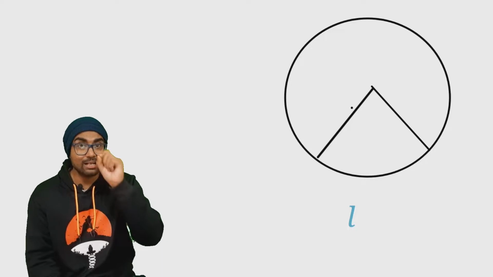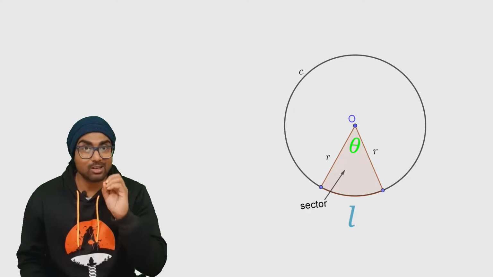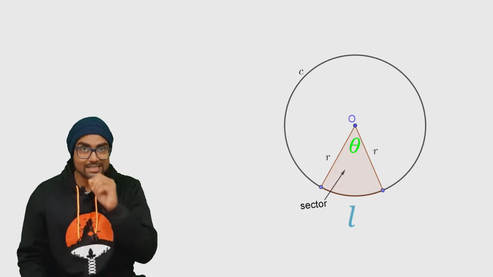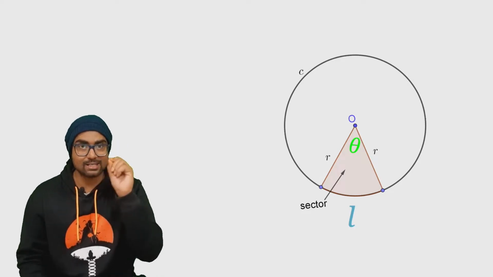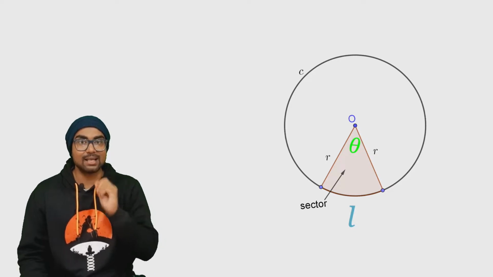That arc length is known as L, and in covering that distance it has also intercepted some angle at the center. So the angle between those two radii is known as theta. So we have got these three variables, theta, L and R. In that circle the radius is r, the central angle is theta and the arc length is L.